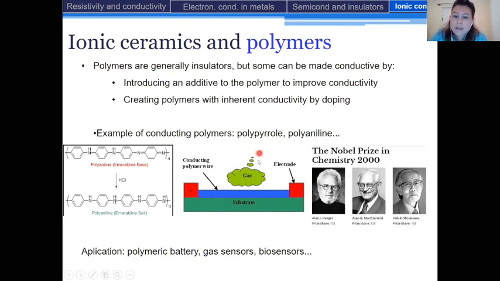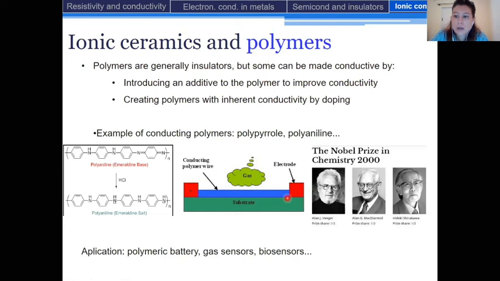When the gas enters in contact with the polymer wire, it decreases the resistance, it changes the conductivity. By adding some electrodes at the two sides of this polymer wire, we can detect the change of the conductivity of the polymer, and this gives us the information of the detection of the gas. So it is a gas sensor.